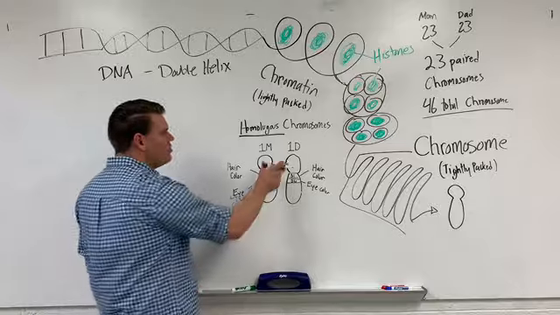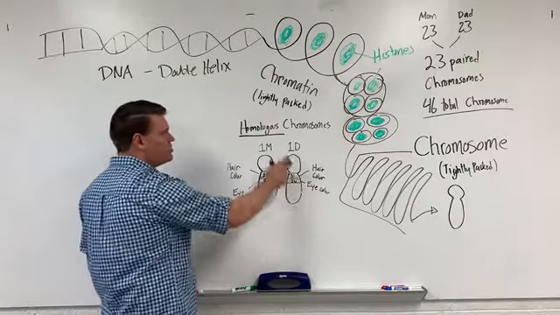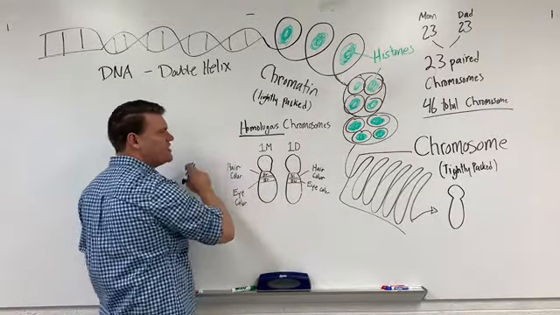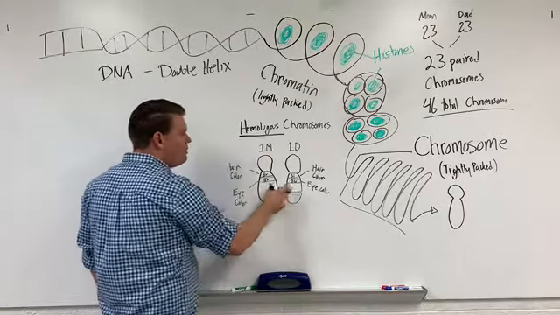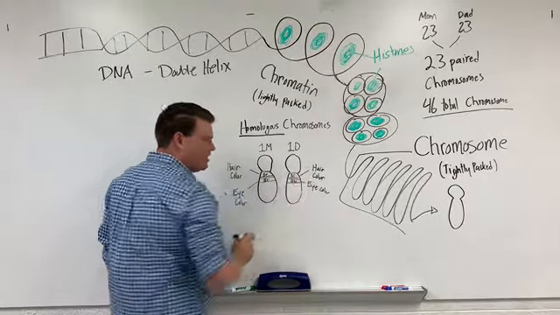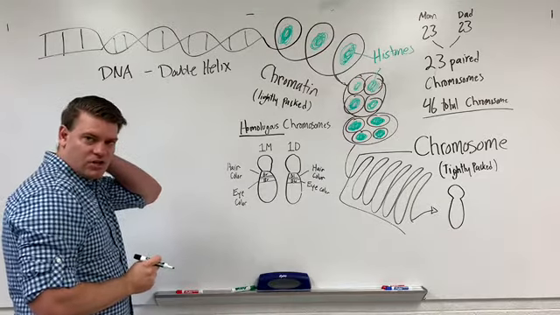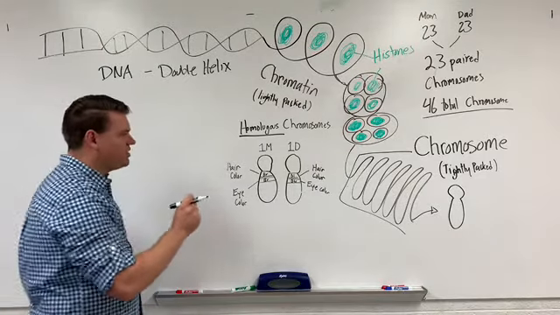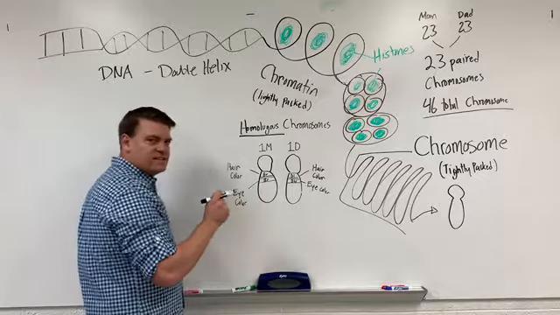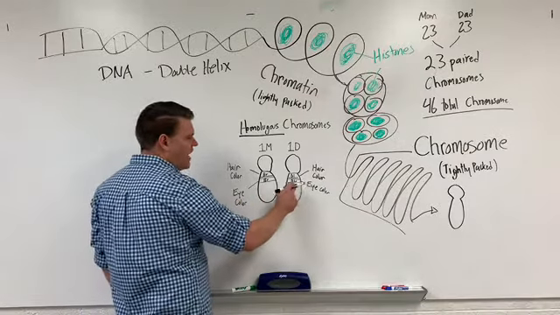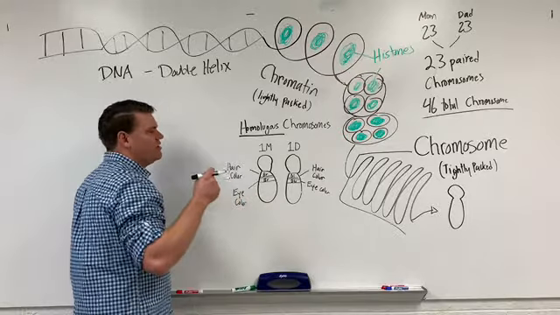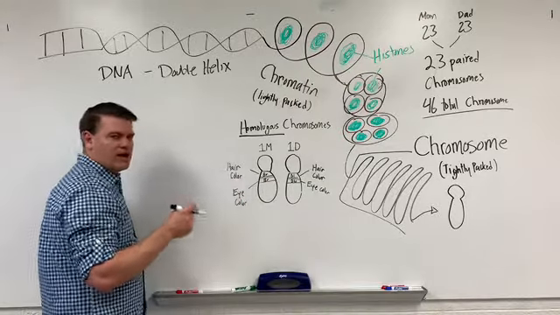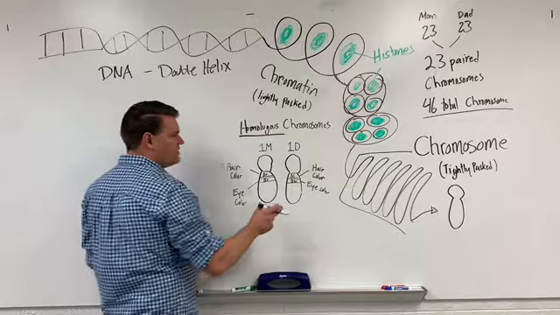And so even though these are still homologous chromosomes, because they code for the same types of genes, the specific gene could be different. The specific sequence of the DNA and what it codes for the trait, so the blue eyes, the blonde hair, will be different.